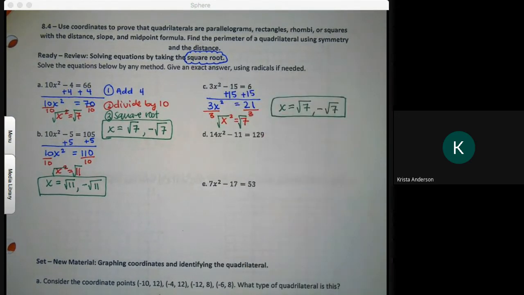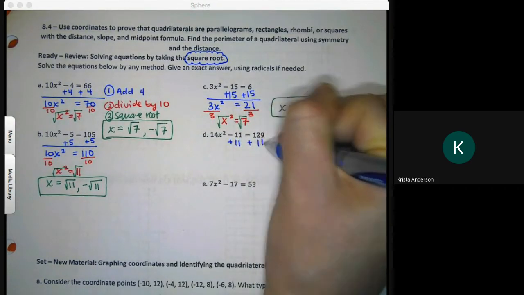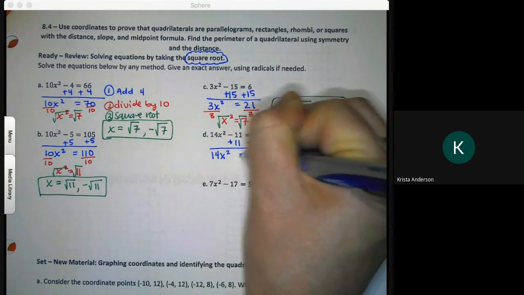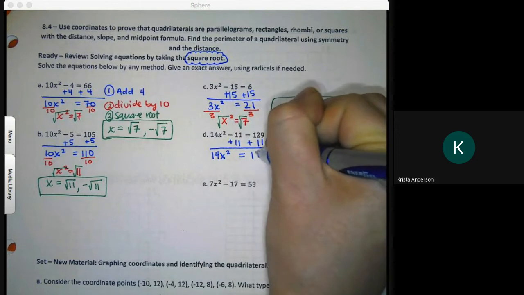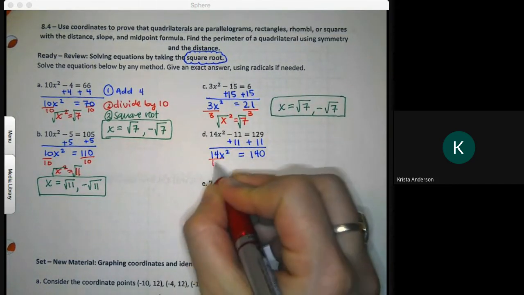D, first step. You see how it repeats a lot? You get rid of the plus or minus sign. Add 11. That would add up to 140. And then divide it.